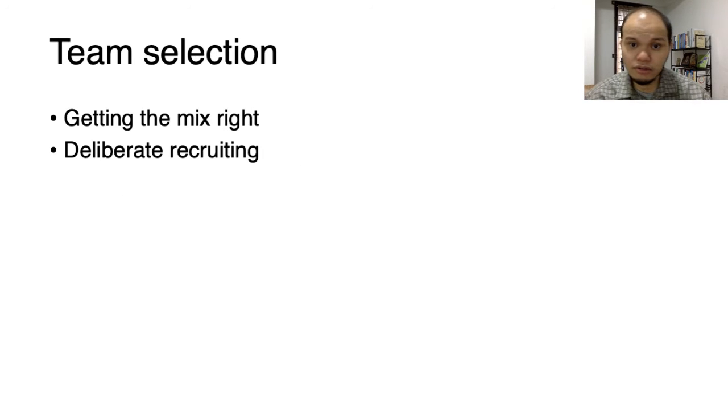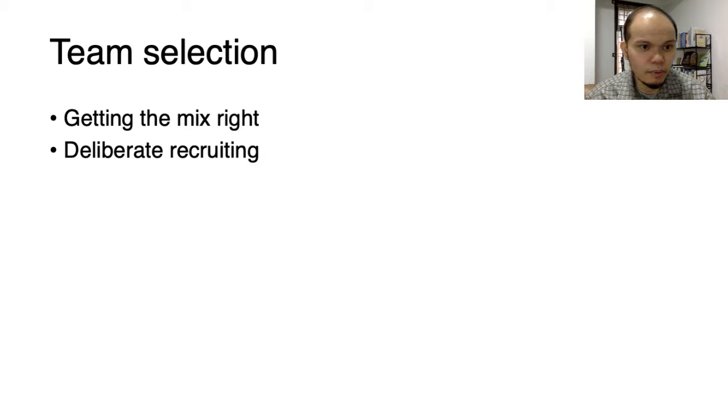Now, team selection. When we try to recruit people to be part of a team, typically there are two things that I'd like to share. Although recruitment on its own is a very deep topic, this lecture won't really go into those details.